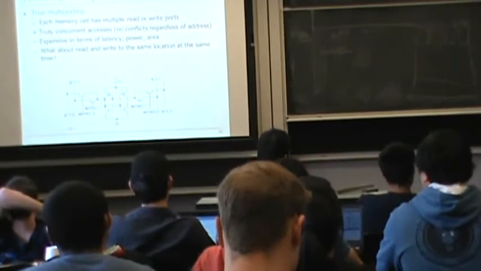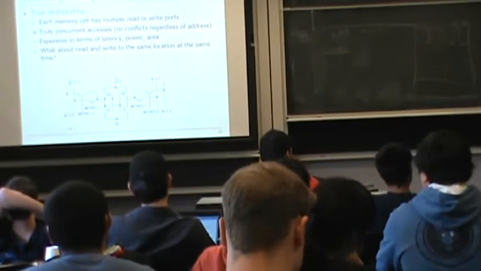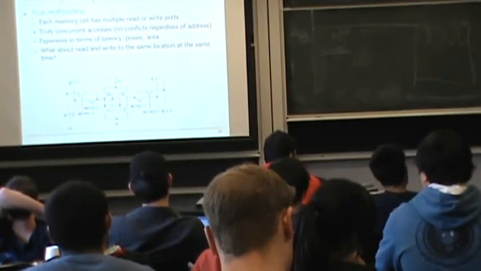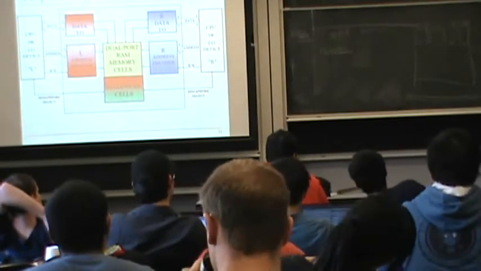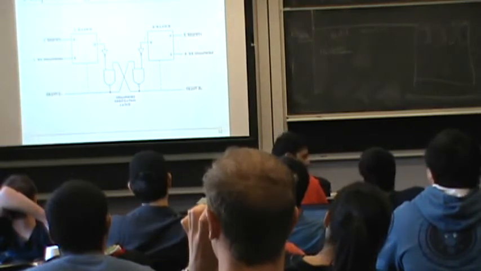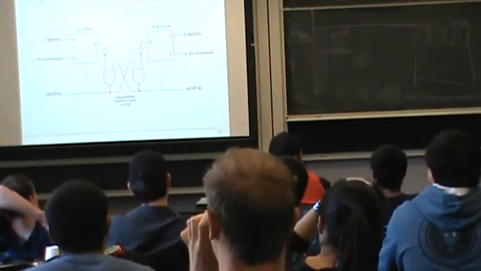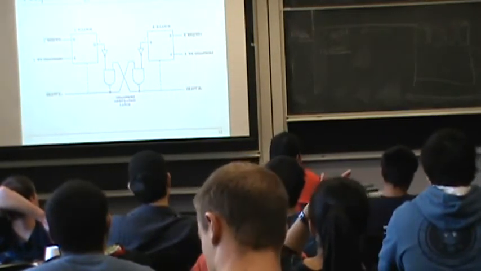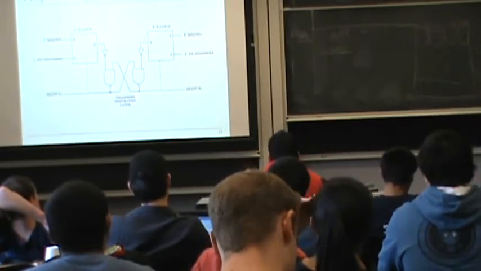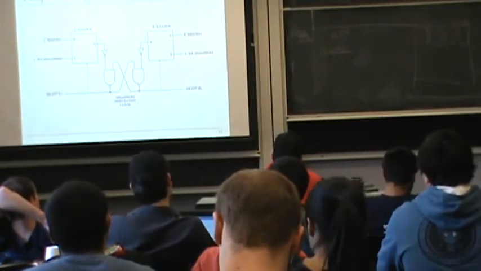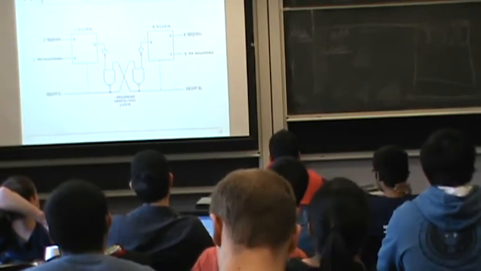You can't write and read at the same time. So you need to do this peripheral logic that we discussed in class, so you don't corrupt the data. Well, you could write and read, I guess it depends on what kind of data you get in the end. But you don't want that, of course, so that's why there's some peripheral logic.